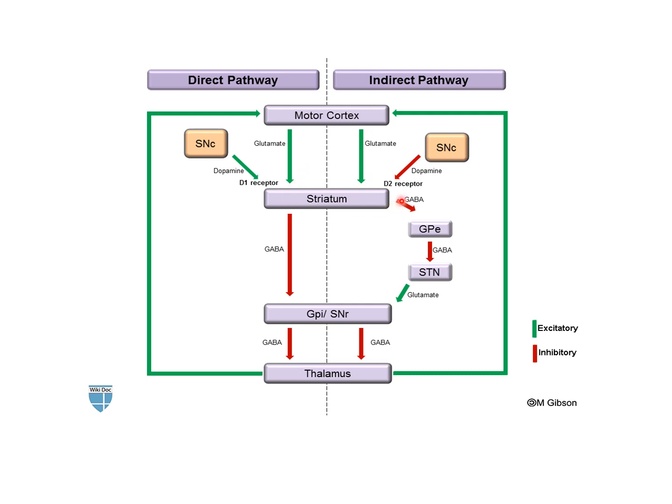Now the striatum has two major efferent connections. It gives nerve supply to both the globus pallidus internus and the globus pallidus externus, and both of these supplies are inhibitory because it releases GABA. So the function of the striatum is to inhibit the globus pallidus internus as well as the globus pallidus externus.